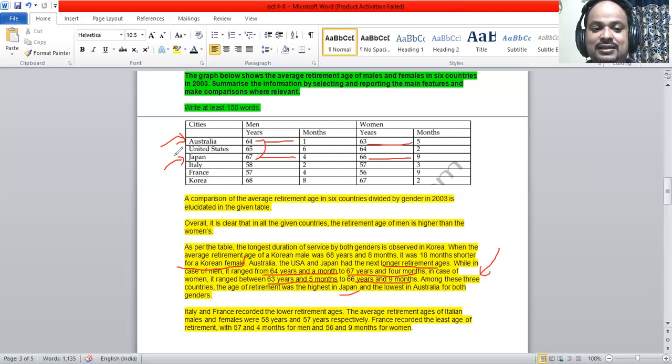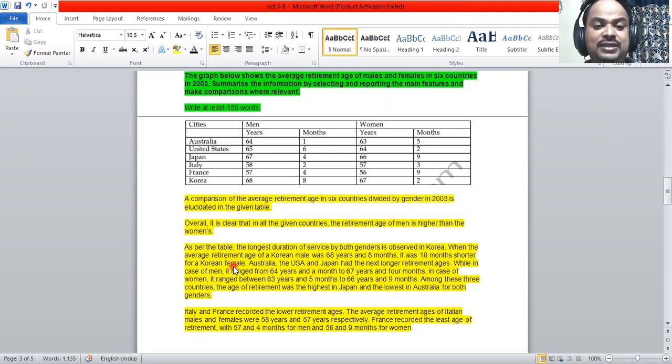So you can say the insignificant thing is the United States stands in between. We understood that. So it becomes an insignificant data there. So the highest of these three countries' retirement age is in Japan, the lowest is in Australia. Clear? Now the paragraph has got a completion here.